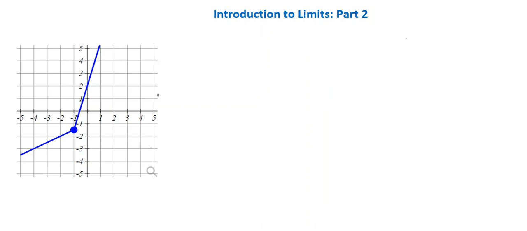So let's do a real quick review right here. In this particular graph, we'll say that this is the function f of x. And we want to know what is the limit as x approaches -1. So we're looking for the limit as x approaches -1 of the function f of x.